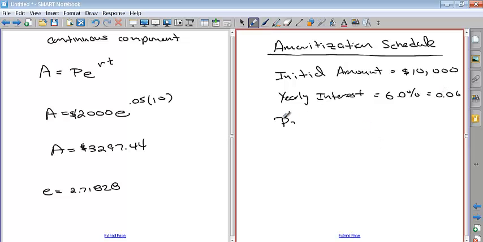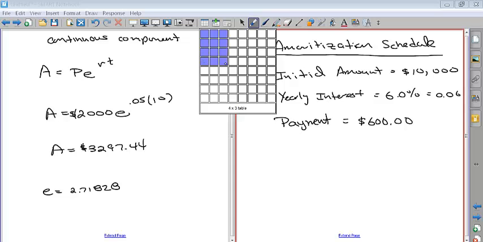Let's say you have a payment of $600 per month. And by default, the majority of these types of loans are per month. So what I'll do is I'll give you a table and you just have to fill it out for the first couple of months.